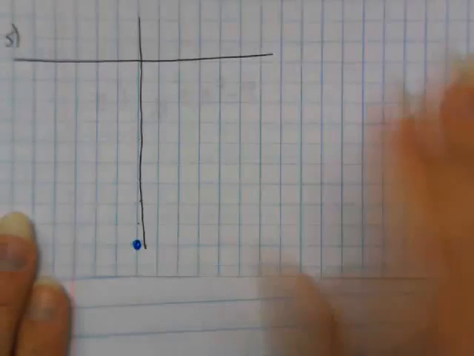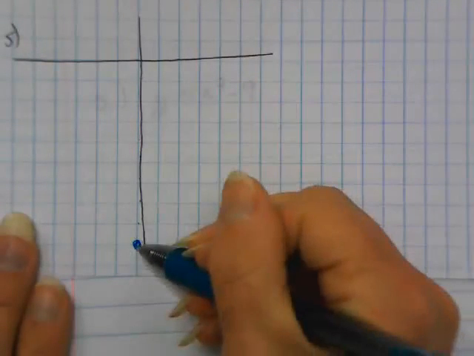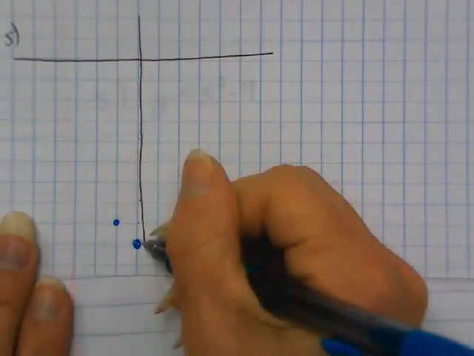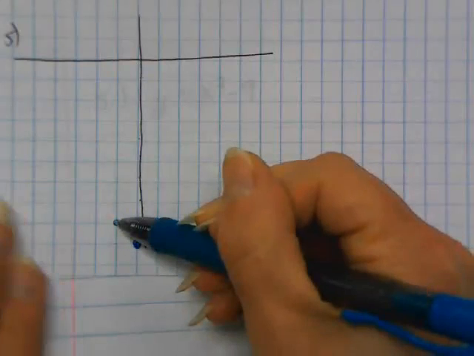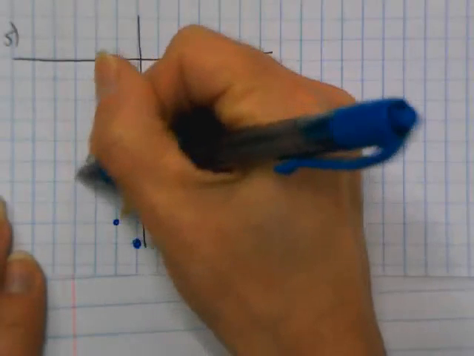Now, when you graphed parabolas way back in Chapter 2, do you remember that to get your next points, you could go up 1, over 1? So the next points were over 1, up 1. And from here, do you remember that your points were then over 2, up 4?